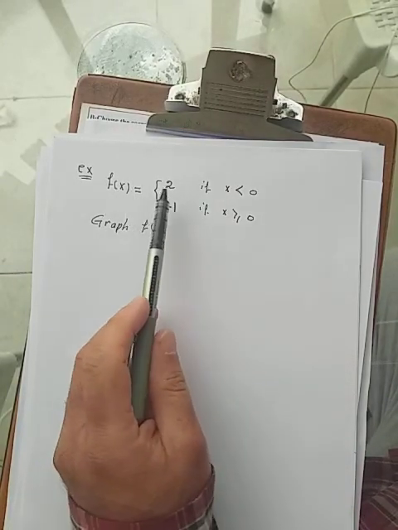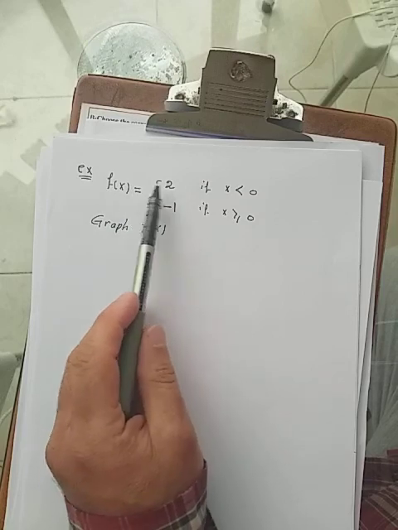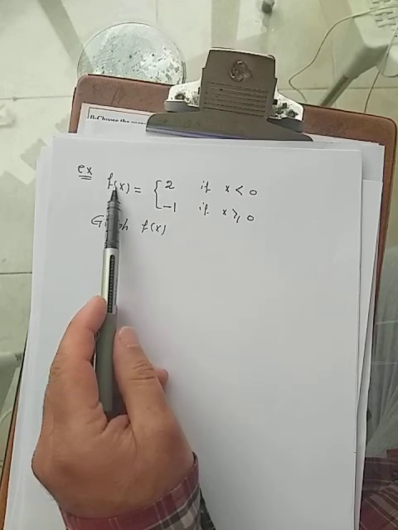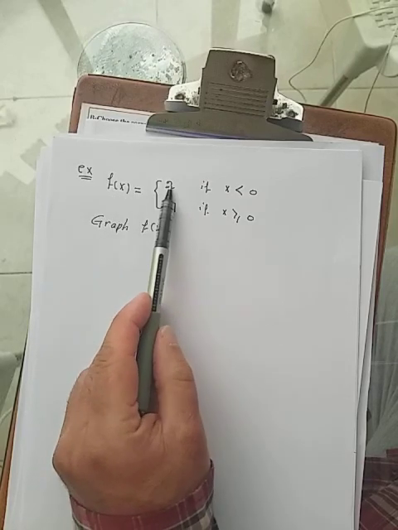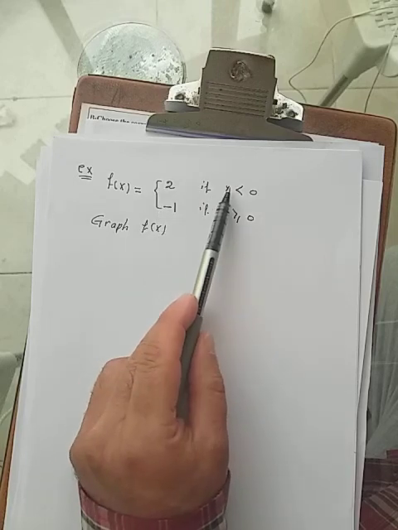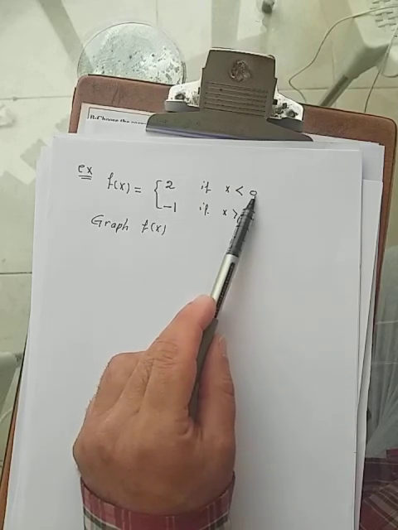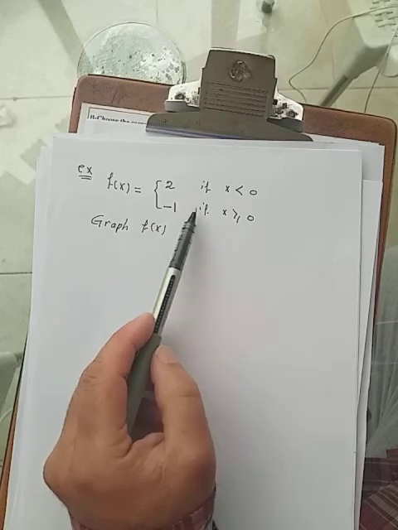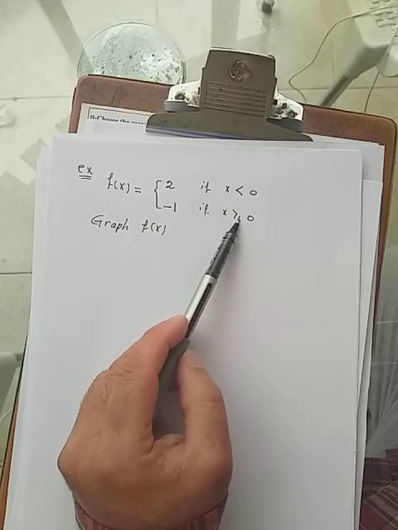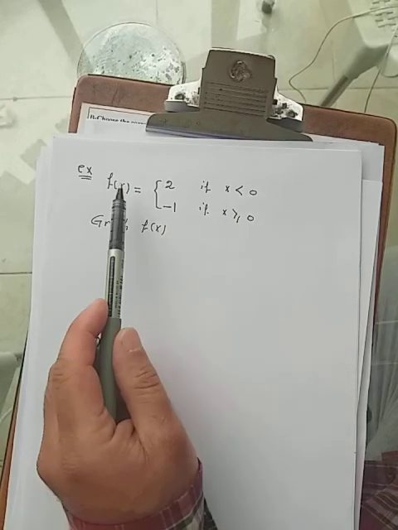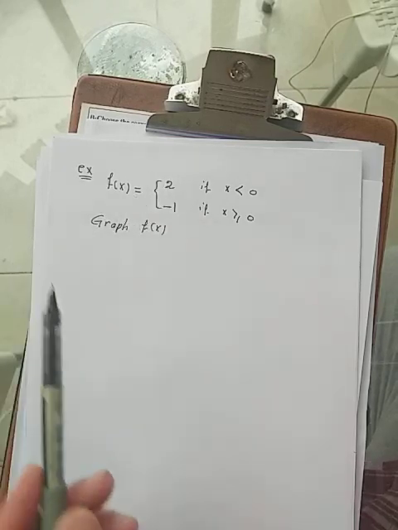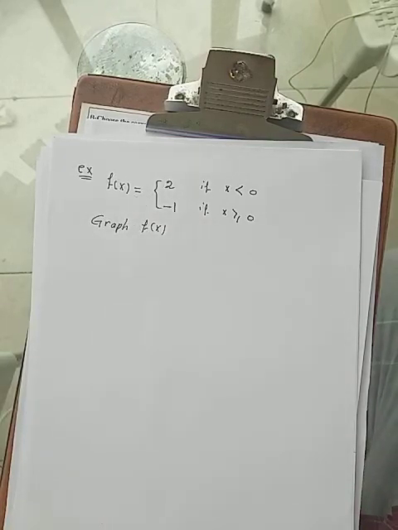As we see, we have two pieces. f of x is equal to 2 when x is less than 0, and it's equal to minus 1 if x is bigger than 0. f of x equal to 2 is a constant function, and the graph of it is a horizontal line.